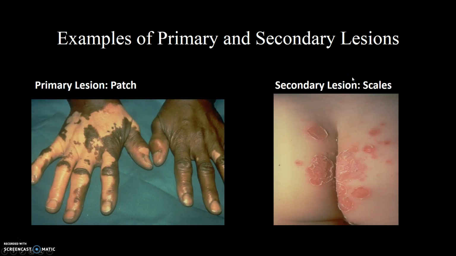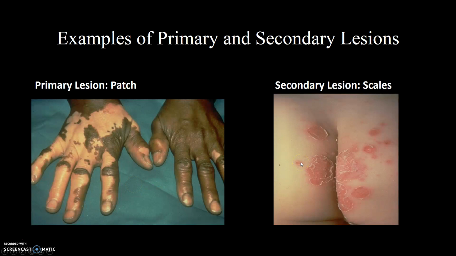So I gave you two visual examples of primary and secondary lesions. On the right slide is a patch, a primary lesion, and this is unfortunately vitiligo, where the melanocytes are affected and the coloration in the skin is absent. And you can imagine on a person that has this profound of a change, that would be pretty devastating.